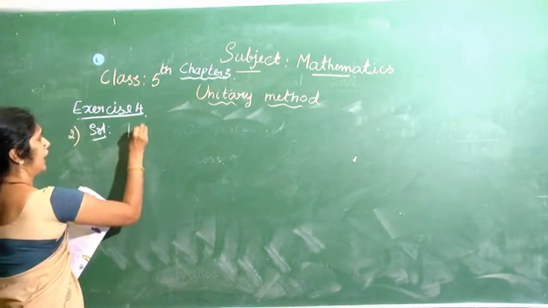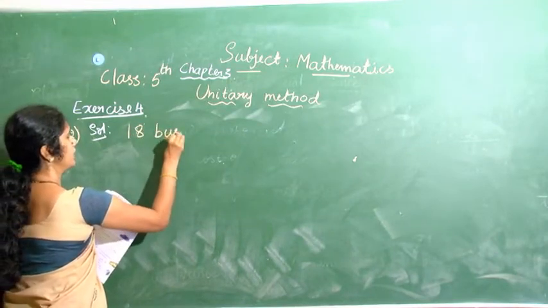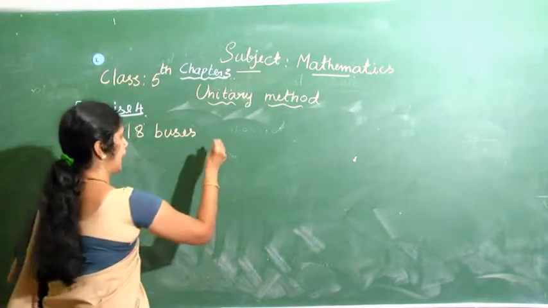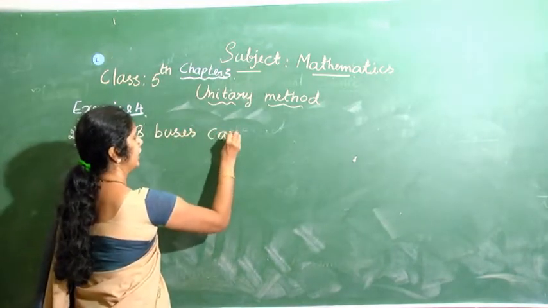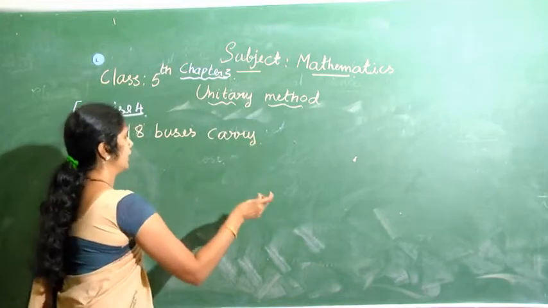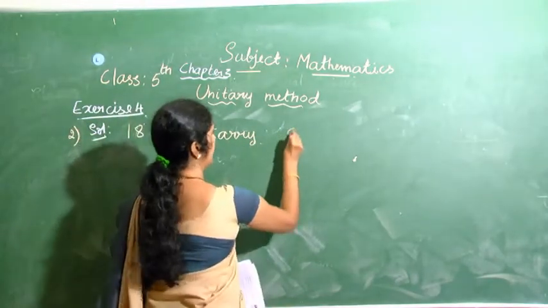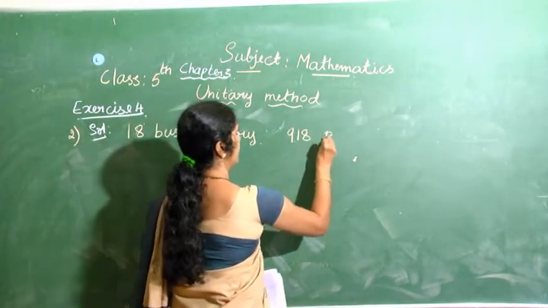This is the second solution. See, 18 buses can carry 918 passengers.